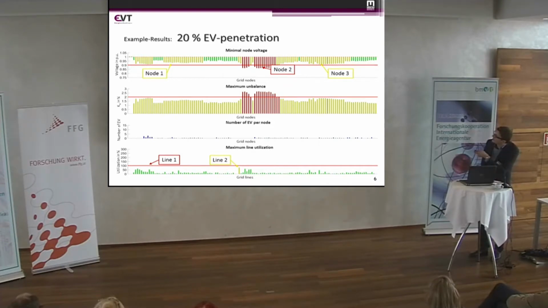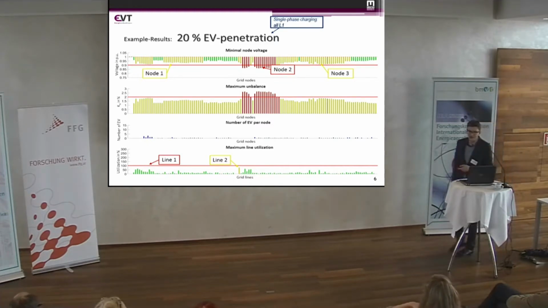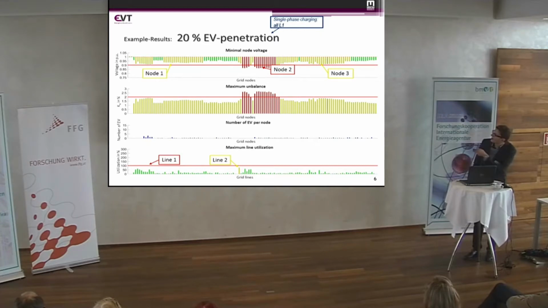And what you see here is that there is problems in the grid, and these problems occur when all the single phase charging cars are charging on the phase L1. This is actually what is happening today because we don't have any regulation that EVs have to be distributed equally in the grid. So you see there is a huge unbalance in the grid happening.